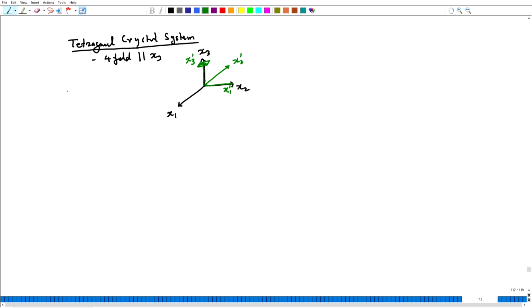And we have seen this in the discussion for second rank tensor. So, I will not dwell on how I get this direction cosine matrix. You can go back to that lecture if there is some confusion. 0 1 0, minus 1 0 0, 0 0 1. This is the direction cosine matrix.